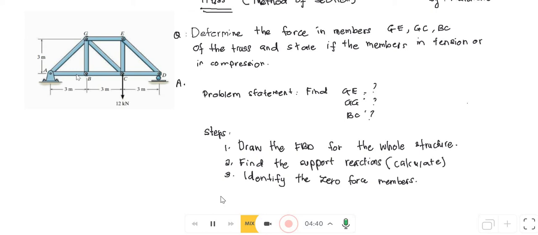If you want to identify the zero force member first, it will be okay. Or you can proceed with step number 2, find the support reaction, also can. So step number 2 and number 3, it's either one. You can put step number 3 to be number 2, or the other way around.